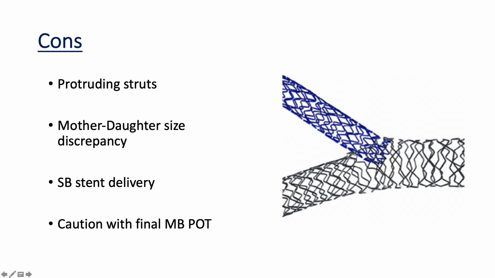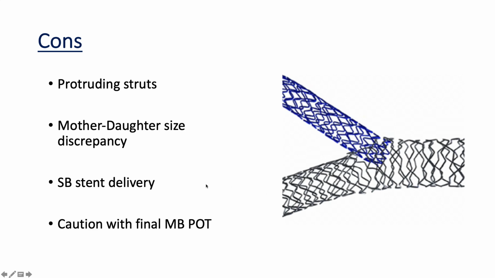Even though with today's stents, the struts are so thin that endothelialization is not a problem, even with the presence of a drug. The discrepancy between the mother vessel and the daughter vessel is a significant downside. However, with most newest stents, the distension characteristics are so good that this is not a major problem anymore.